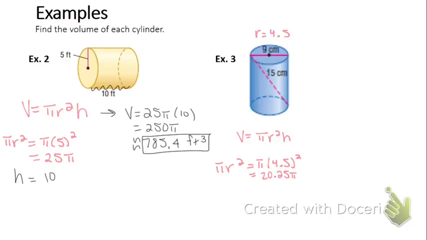We need the height. Do we have the height of this one? No, that 15 is a slant, isn't it? What do you think we can use? We get to use our Pythagorean theorem. So we have 9 squared plus h squared equals 15 squared.